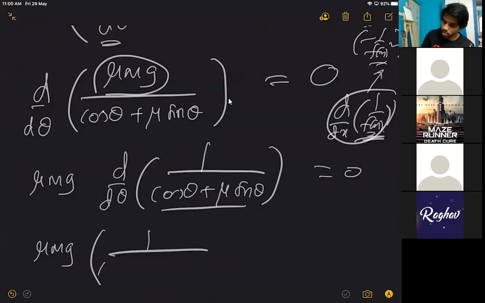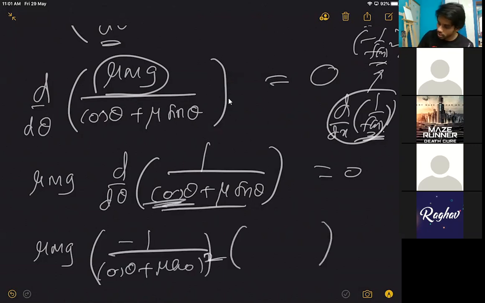So cos theta plus mu sine theta whole square, and the differentiation of cos theta is minus sine theta, plus mu cos theta, equals 0.